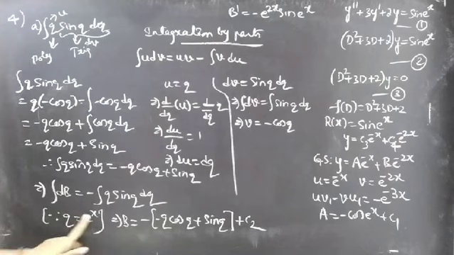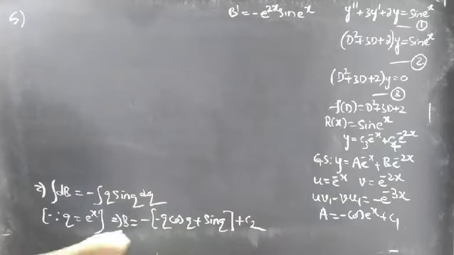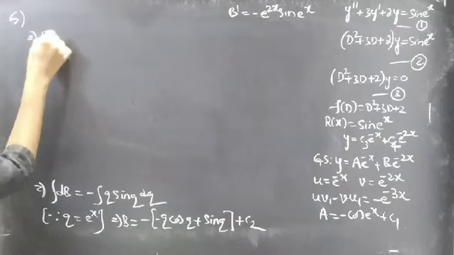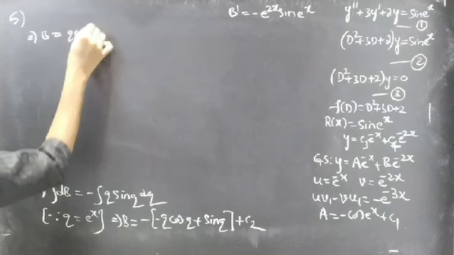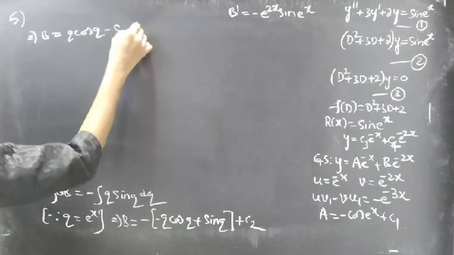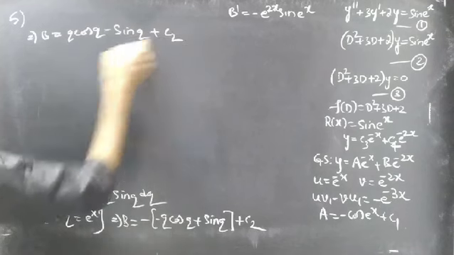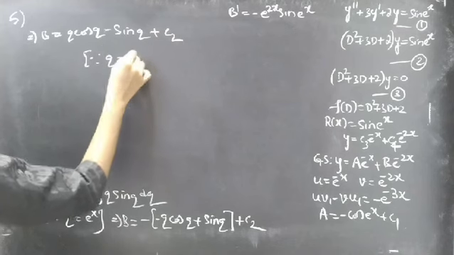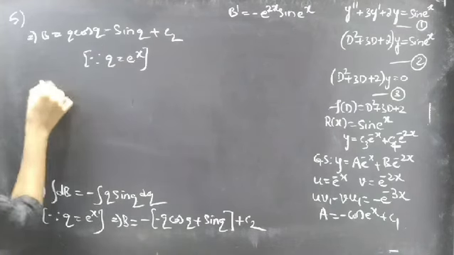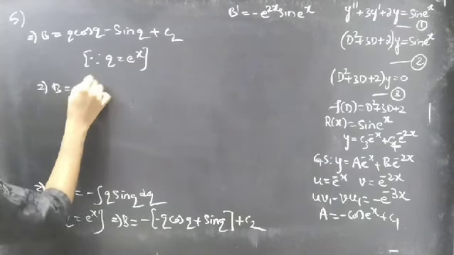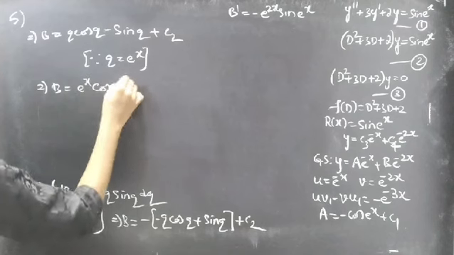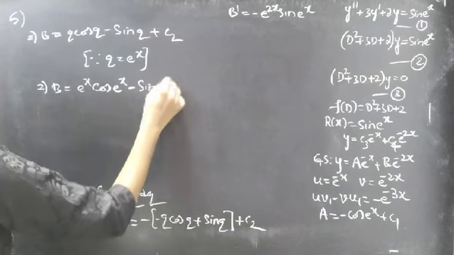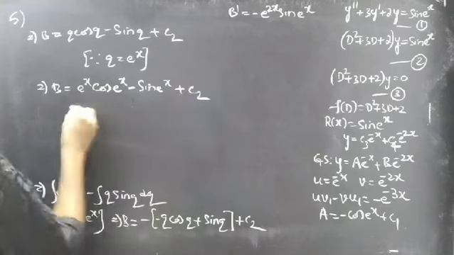Let's now replace q with e power x. From this we'll get b equal to q cos q minus sine q plus c2. Since q equal to e power x, this gives us b equal to e power x cos e power x minus sine e power x plus c2.